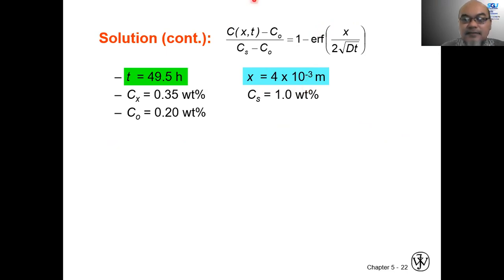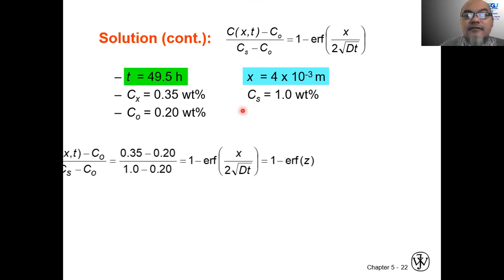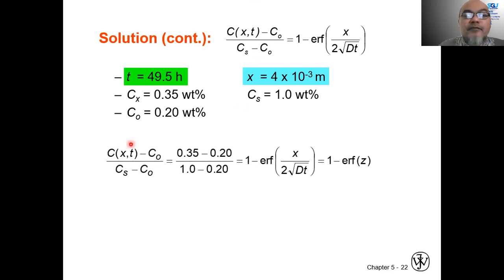So we just insert this into the formula: 0.35 minus 0.20 divided by 1 minus 0.20 equals 1 minus error function of X, 4 millimeter, divided by 2 times square root of D times T. T is known here, 49.5 hour. So we'll calculate D first, and later calculate based on D0.